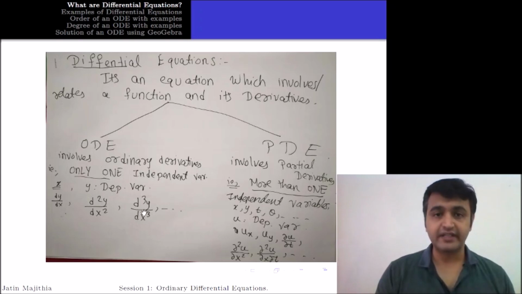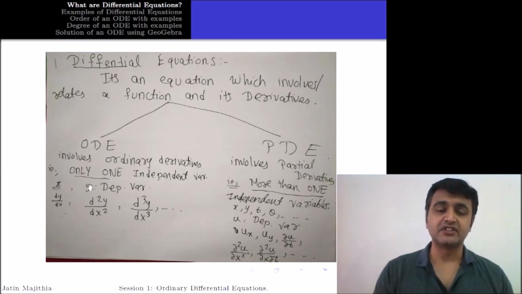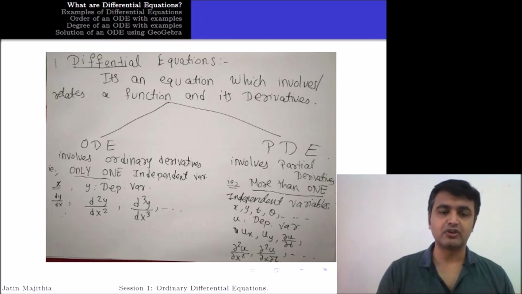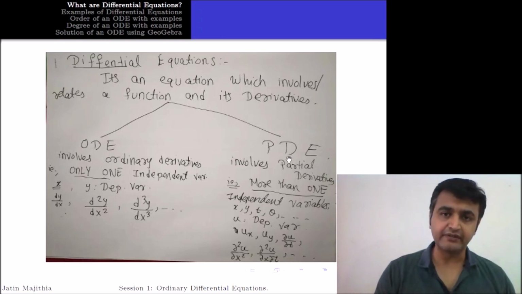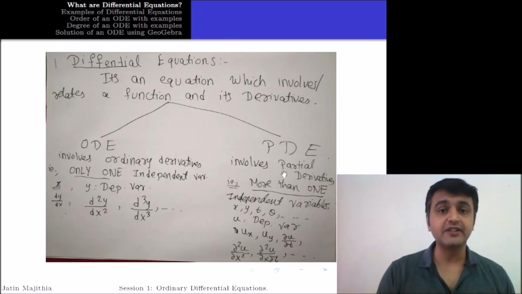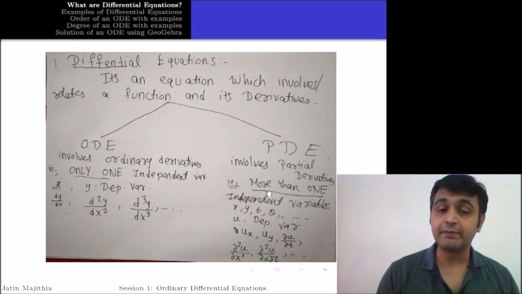Therefore, if you have an equation that involves these ordinary derivatives, such equations are called ordinary differential equations. That's how this name came into the picture, because it involves ordinary derivatives. Now what are partial differential equations? They are equations that involve partial derivatives. When do partial derivatives come into the picture? When you have more than one independent variable.